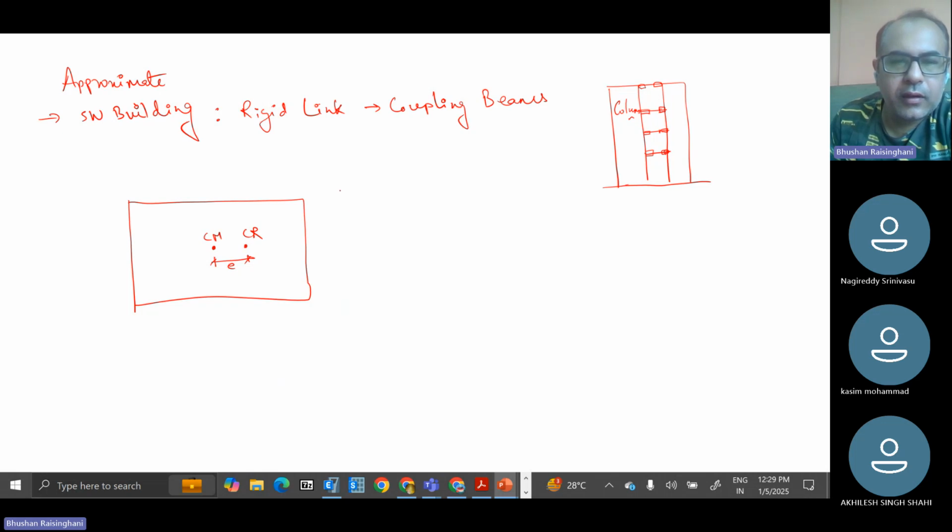So in ETABS software, there are two options to consider it. Option number one is that you consider the eccentricity and provide it in the table.